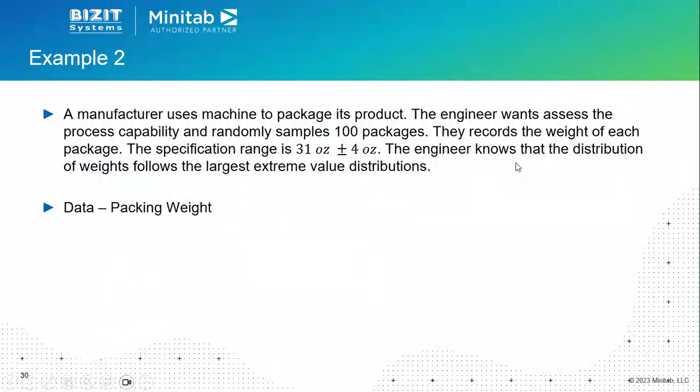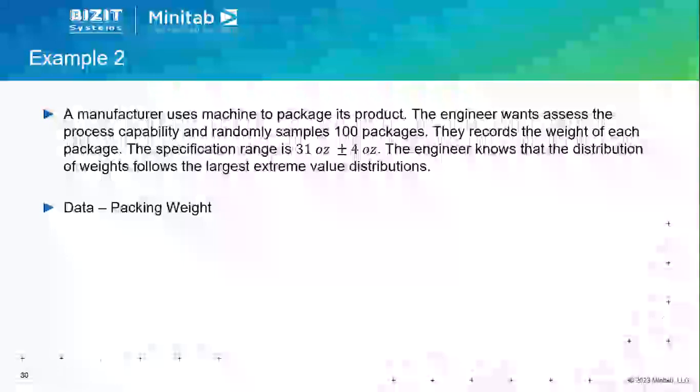The engineer wants to know if the distribution of weight is the largest extreme value distribution. In this case, the manufacturer already knows this is the largest extreme distribution, not a normal distribution.